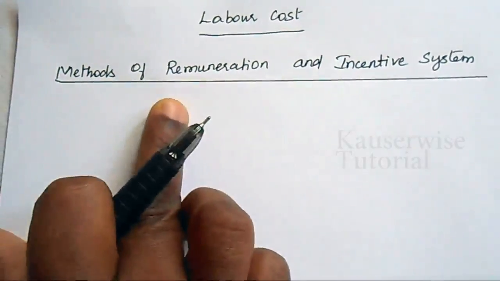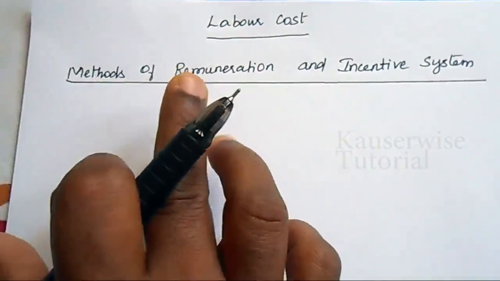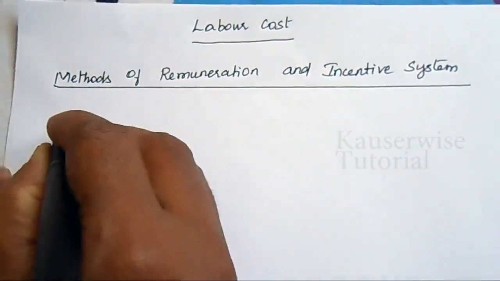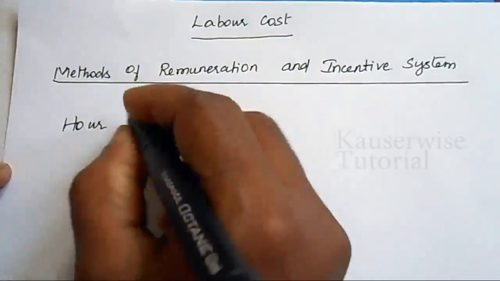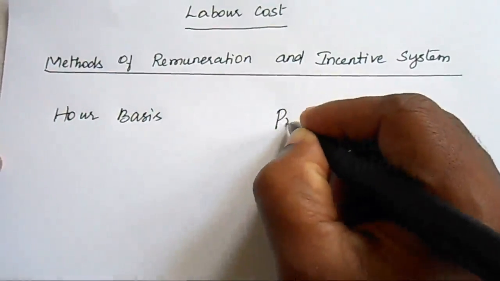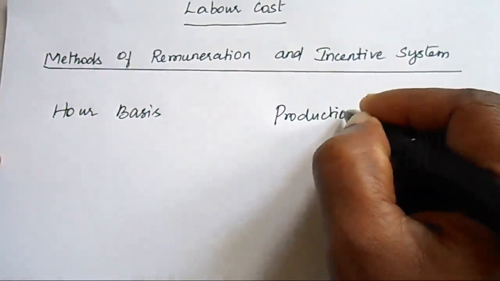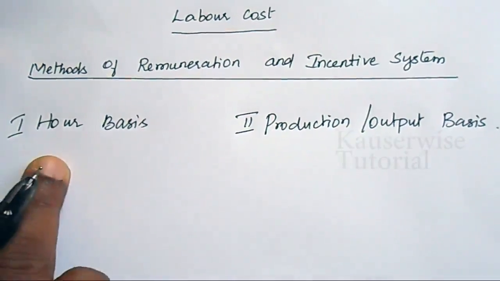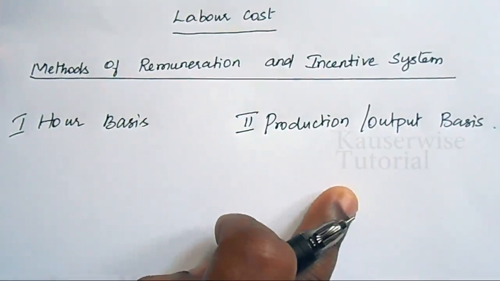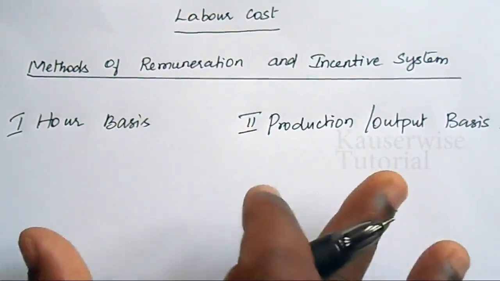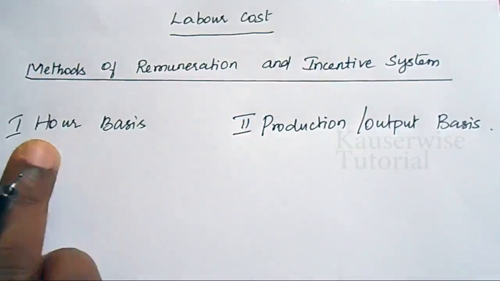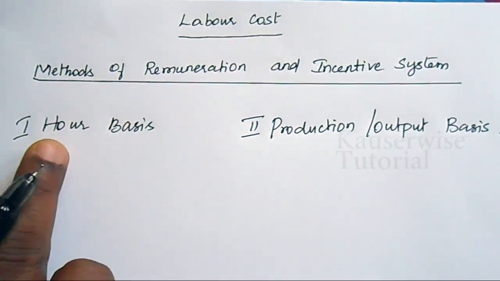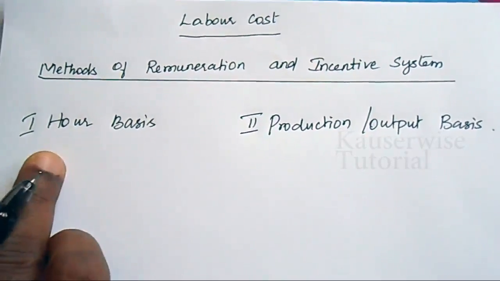There are different methods of remuneration calculation. The remuneration can be given on two bases. One is hour basis, and the second one is production or output. According to the first, irrespective of the output, they won't see the performance, they'll see only how many hours were worked by the employee, and based on the number of hours worked, they'll give the remuneration.